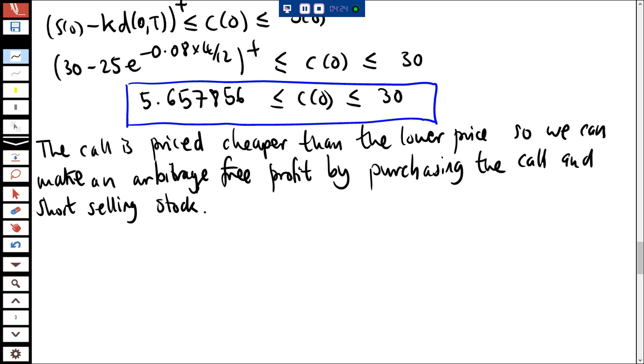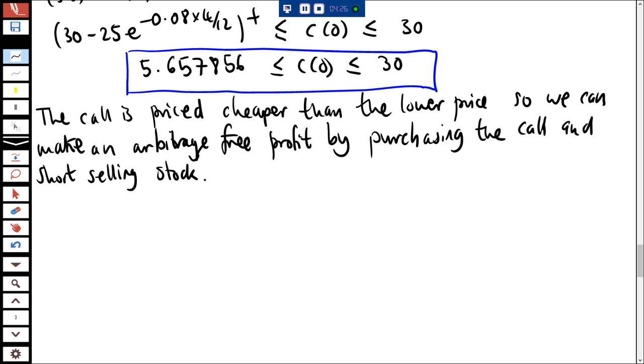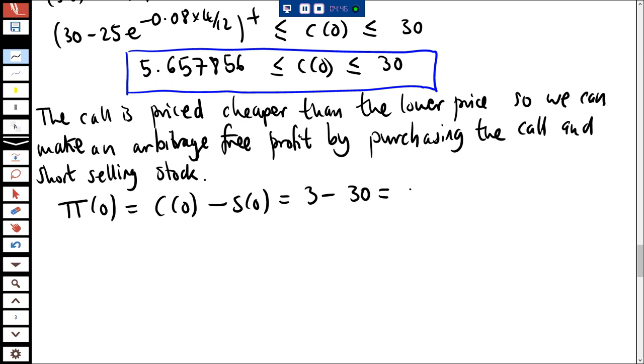Okay, so let's see what happens in this setup. I'm claiming it's a profit. We should prove it's a profit. So the portfolio consists of a call and a short on a stock. So at time 0, the call is free, take away 30.